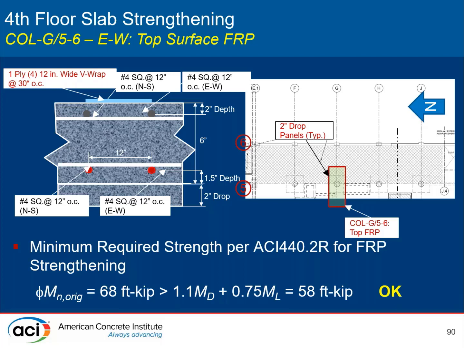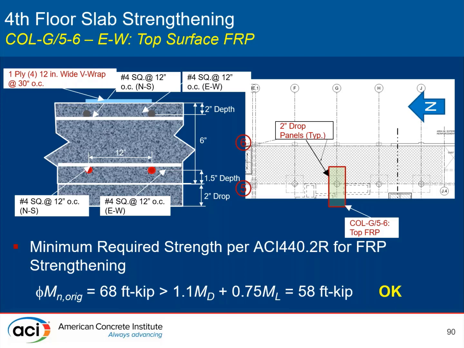The minimum strength requirement in ACI 440.2 for strengthening is that the original, unstrengthened section has sufficient capacity under 1.1 dead load moment plus 0.75 live load moment. That's because of certain damage situations that can occur, such as fire.